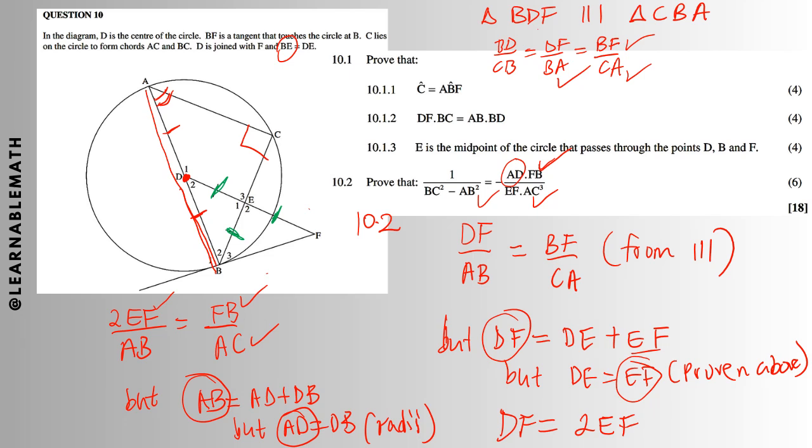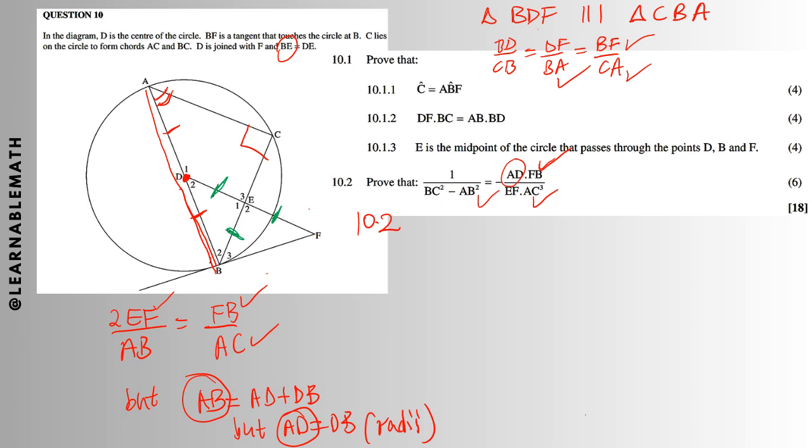I'm just going to delete some of the things here so that we create some space. Now AB will be equal to AD plus DB, and DB is the same as AD, so it's AD plus AD, which is 2AD.